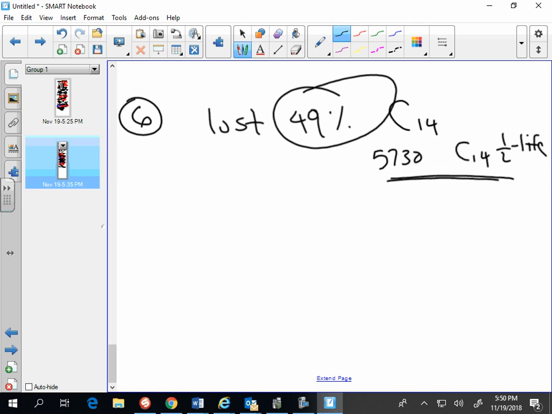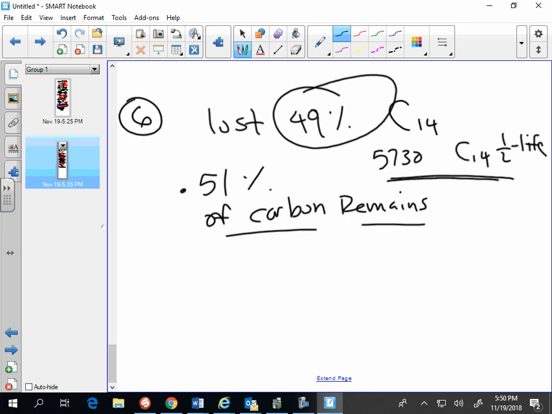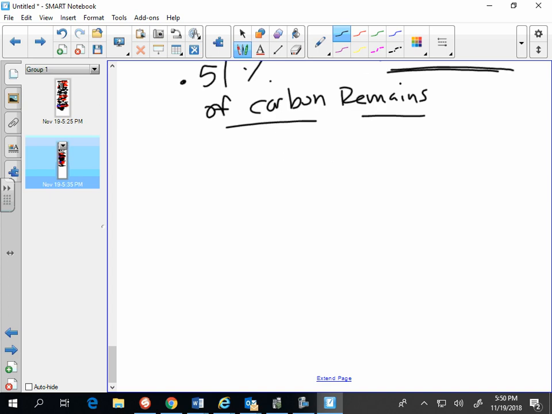That means this mummy still has 51% of the carbon remaining. And do you remember what we said about percents? We said that percent was equal to Q over Q sub O.